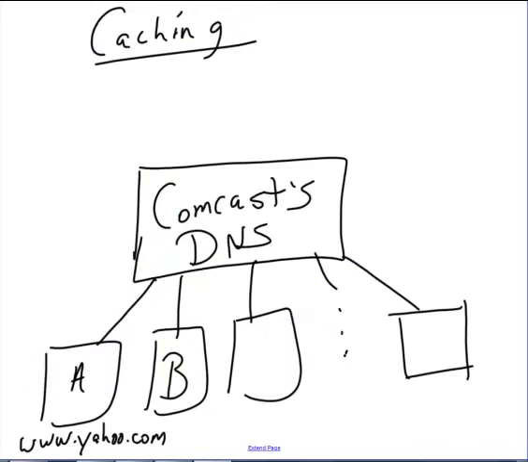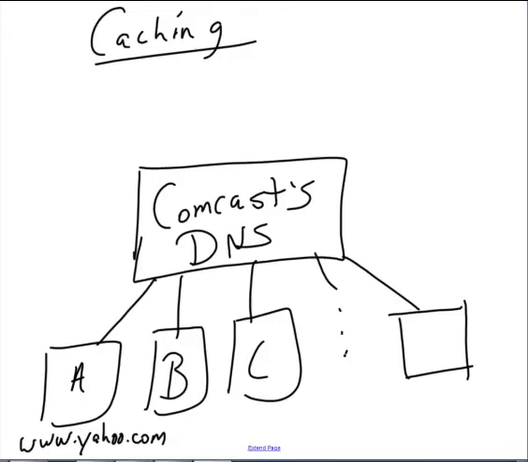So if Comcast can remember the results of this, what we call a recursive lookup of a host name, then all their other customers get the benefit of that lookup. So we do it once, we go through that fairly expensive process one time, and then all million of Comcast customers can benefit from that.